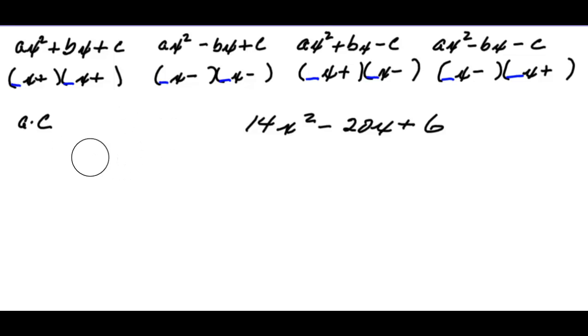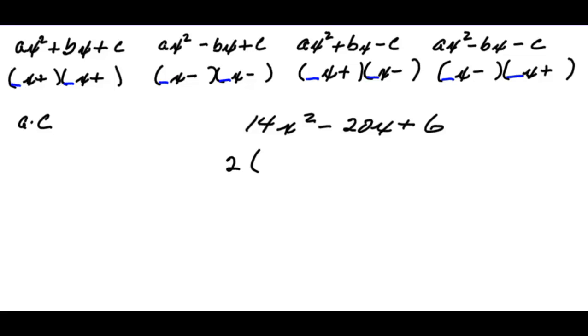I'm going to erase our AC there. You can multiply 14 times 6 and go through the whole process and you'll get the correct answer, but what they want you to do is always look for a common factor. So you see in number 98, we'll have a common factor. Even in number 104, we have a common factor. And I'm sure on one of the homework problems, you probably have a common factor that you can pull out of there. In this particular case, the common factor happens to be 2.